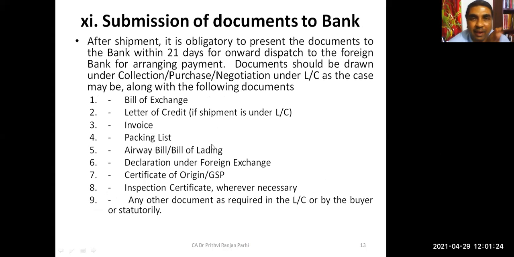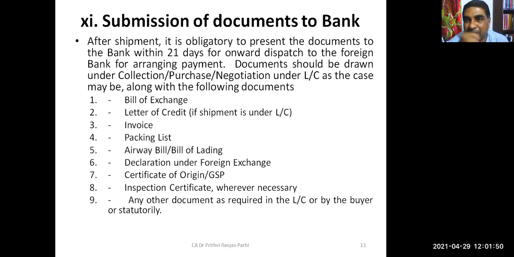Okay, and it may be required to submit these documents to the bank. Like bill of exchange, letter of credit, invoice, packing list, bill of lading or airway bill, declaration under the Foreign Exchange Management Act, then certificate of origin, then inspection certificate wherever necessary.